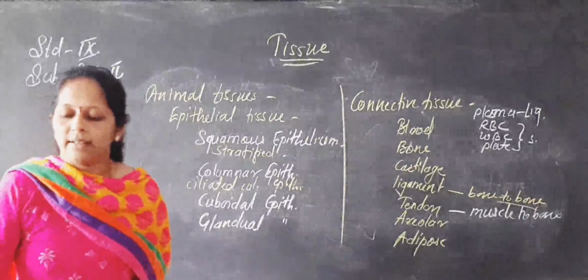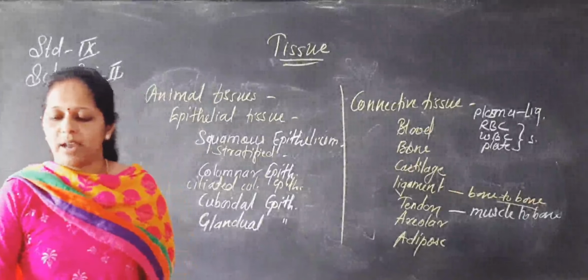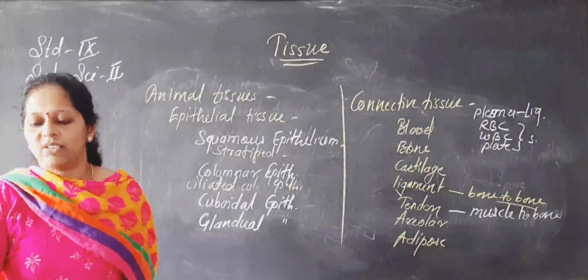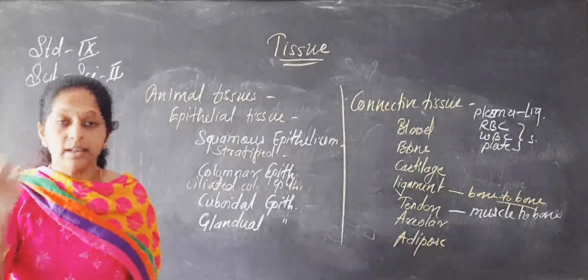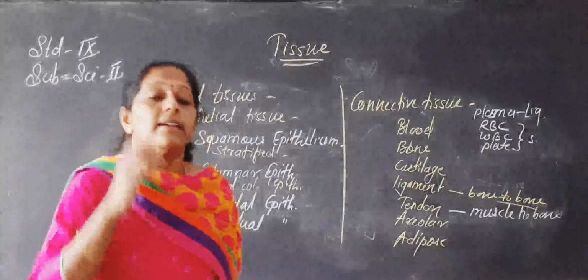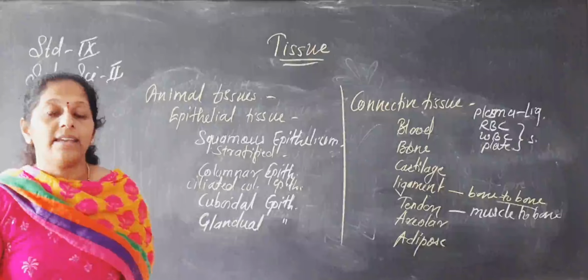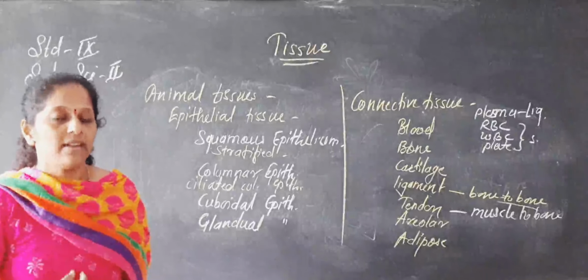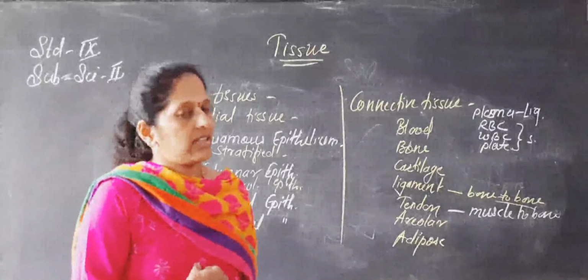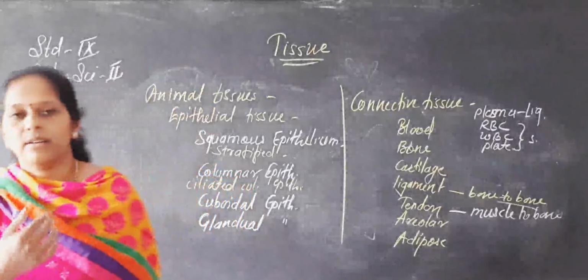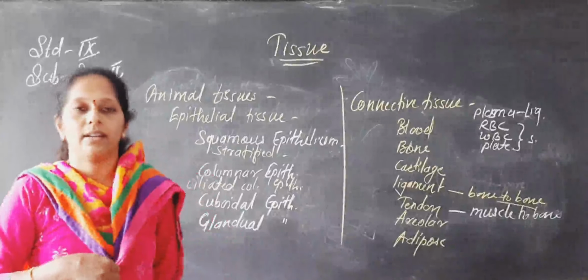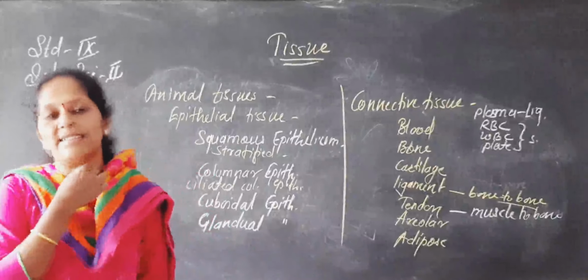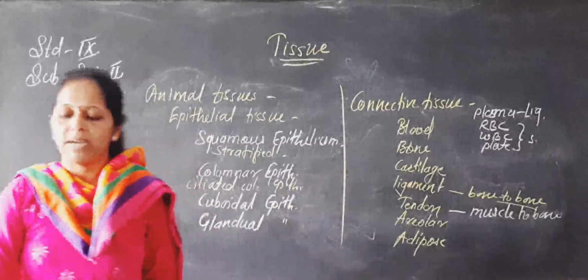Cartilage smoothens bone surfaces at joints and is present in the nose, ear, trachea and larynx. The larynx, from where the sound comes, is located before the pharynx. They are all made up of cartilage.